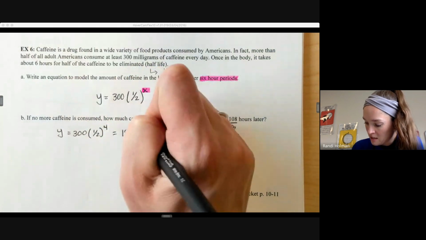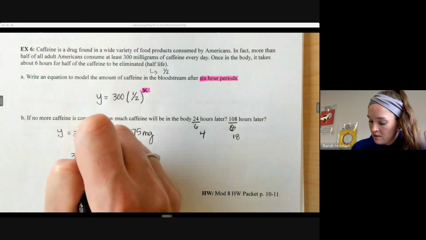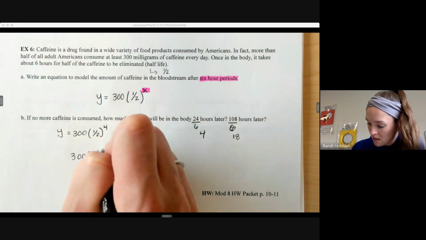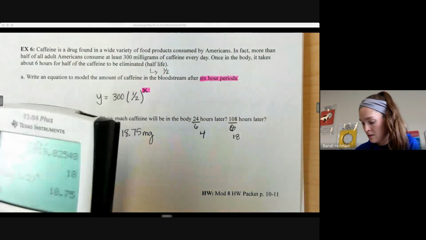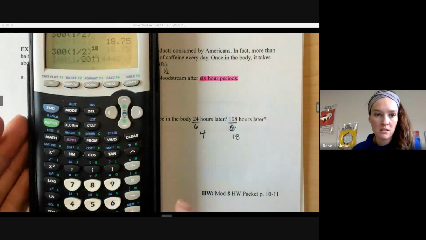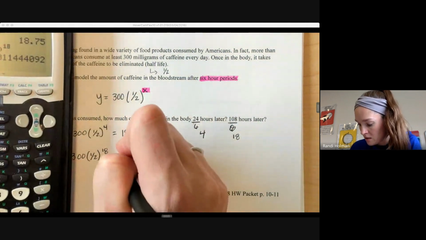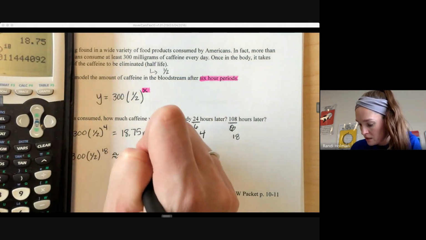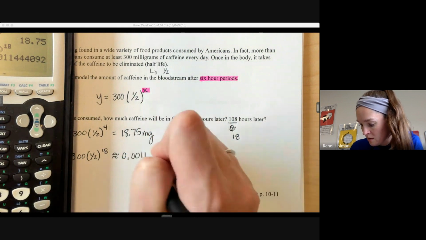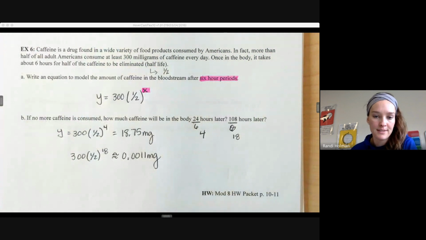Make sure we label that, it's milligrams. And after 18 of those time periods, we're going to do the same thing, but after 18 time periods. And so after 18 time periods, there's about 0.0011 milligrams. So essentially it's mostly gone or essentially gone.